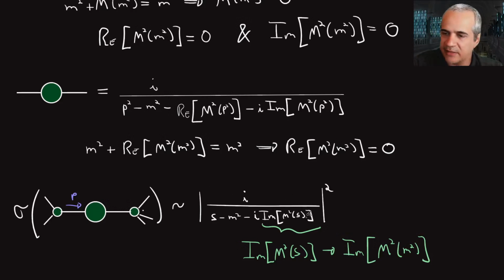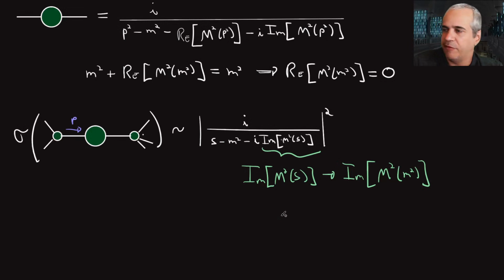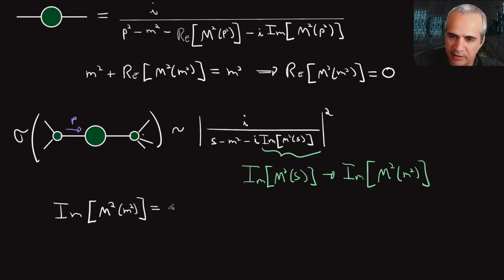So in that case, this is really the Breit-Wigner, as long as I make the following identification, which is also inspired by the particular case of the optical theorem. It says that the imaginary part of m squared close to the pole is just the mass times the width.